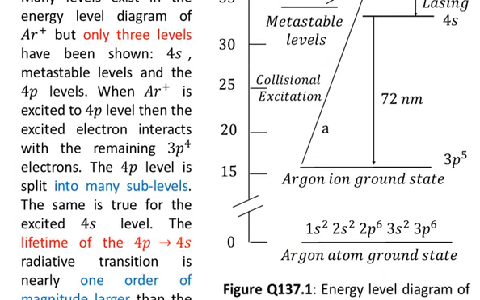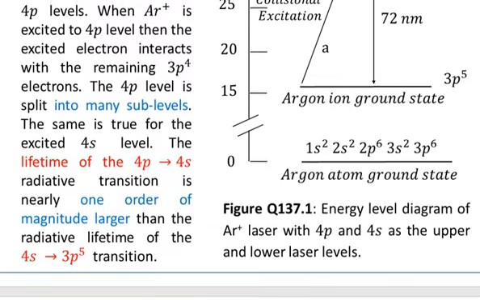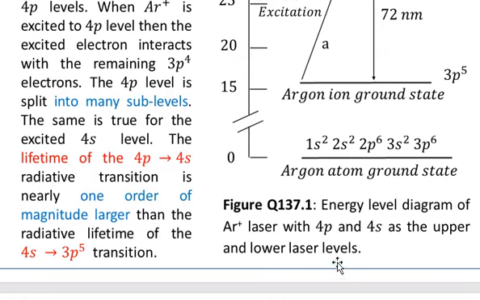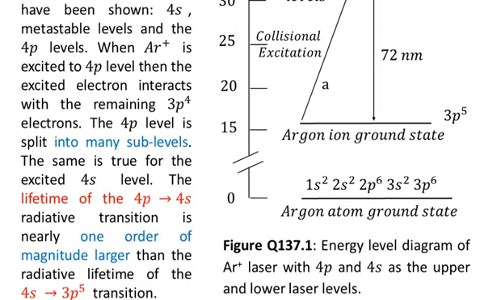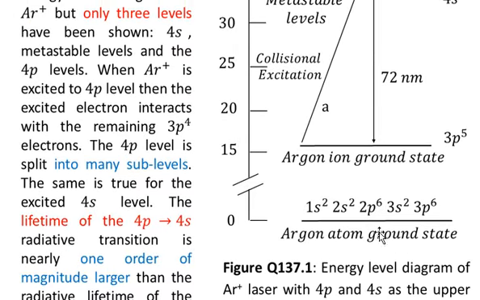So let's first discuss the energy level diagram of the argon ion laser with 4p and 4s as the upper and lower laser levels. First of all, notice that the argon atom has a ground state, which is 1s2, 2s2, 2p6, 3s2, 3p6.